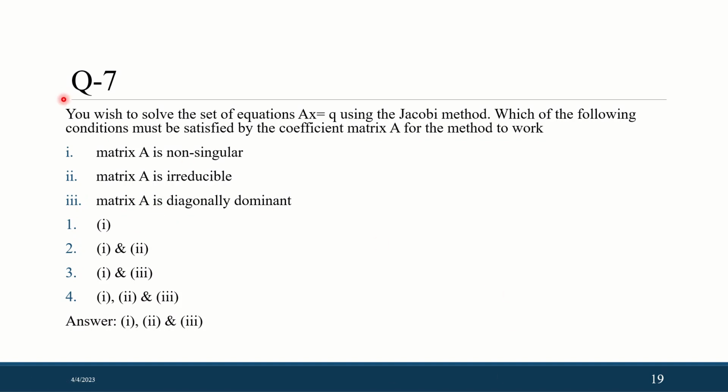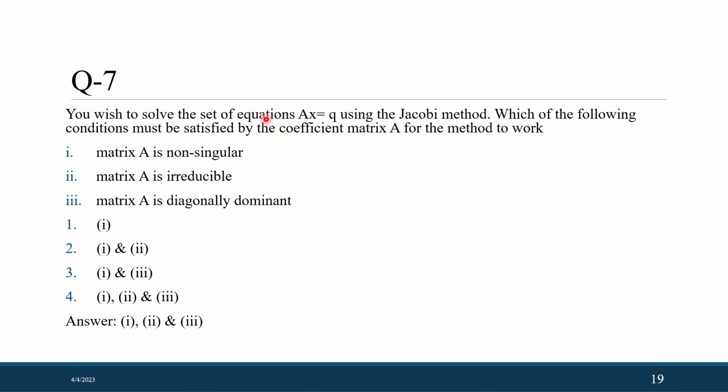So the question was, you wish to solve the set of equations Ax is equal to Q using the Jacobi method. When we are dealing with the Jacobi method, we expect certain criteria, which are the matrix to be non-singular and it should be irreducible and it should be diagonally dominant. Because we are dealing with an iterative procedure, all these three criteria should be satisfied for the method to work.